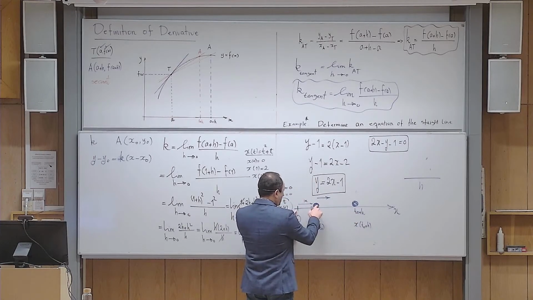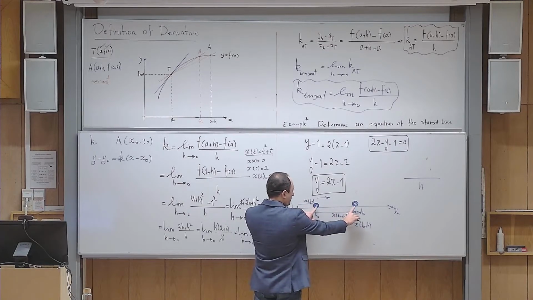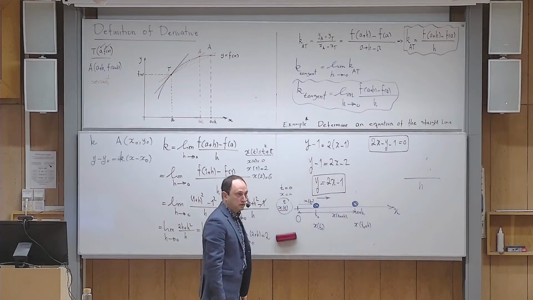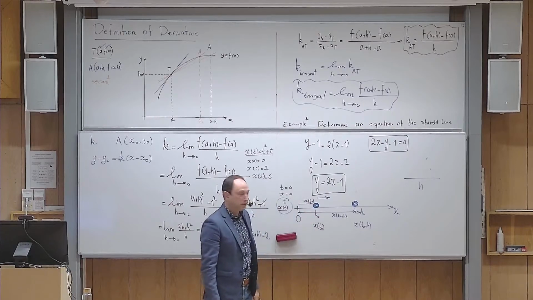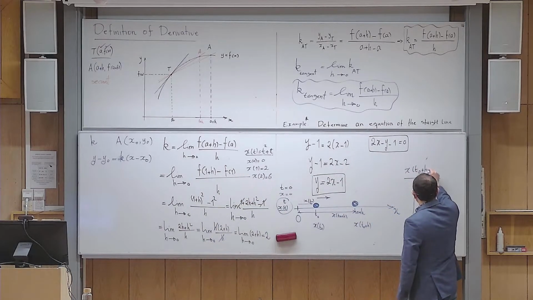From here, it is x of t naught, because the time here is t naught. From here, it is x of t naught plus h. But you are interested in the displacement, so you subtract these two values. So this becomes x of t naught plus h minus x of t naught.